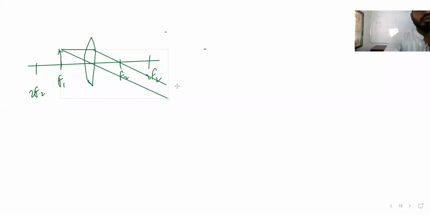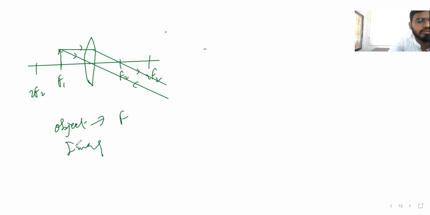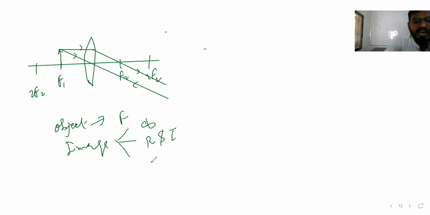Now guys, if you see, these two rays of light are parallel to each other. Parallel to each other means they will meet at infinity, right? Obviously we know if the object is at focus, then the image is going to form at infinity. So the object is at focus, the image is at infinity, and it is real, inverted, highly magnified. Highly magnified.